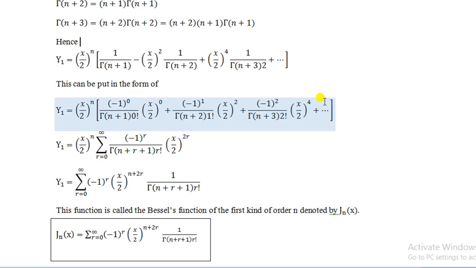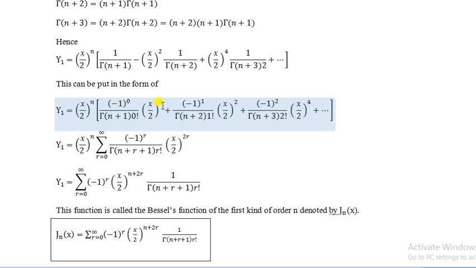So its rth term becomes (-1)^r, and the denominator is gamma of n+1, n+2, n+3, gamma of n+4 here, which is denoted as gamma of n+r+1, into 0 factorial, 1 factorial, 2 factorial, 3, 4, 5 factorial up to the rth factorial. So it becomes r factorial.